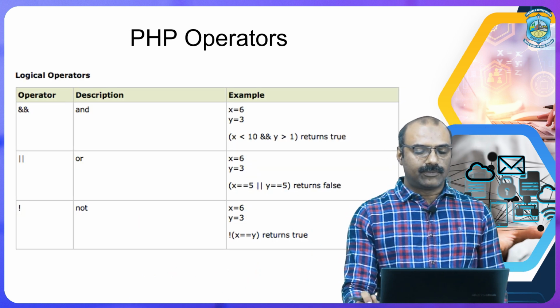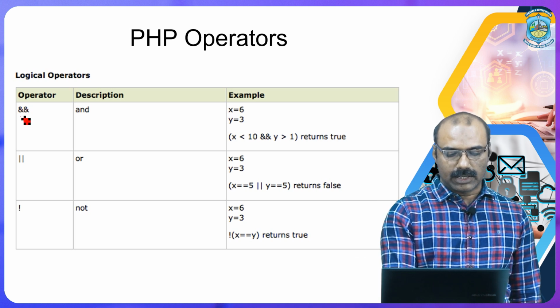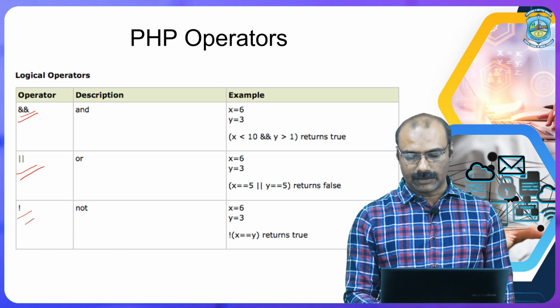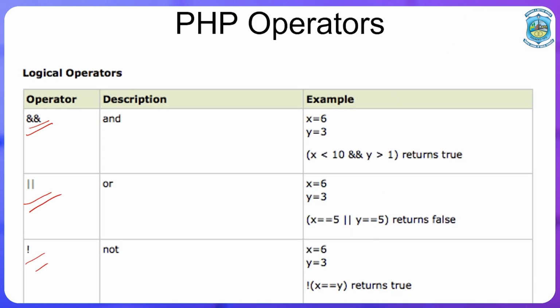Logical operations. For AND we use double ampersand, for OR the double pipe operator, for NOT the exclamation mark. We all know the meaning of AND or OR. In the example given here, if the value of x is less than 10 and the value of y is greater than 1, it means only if both conditions are true will it give you a true statement.